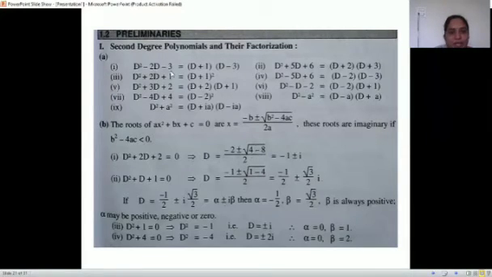You can decide by seeing your middle term. Your middle term is minus 2. So whatever is the sign of your middle term, you have to give that sign to the larger number, right?